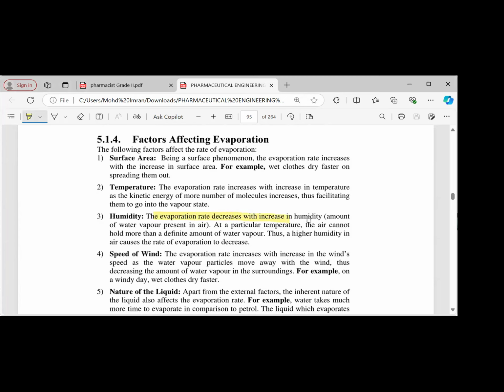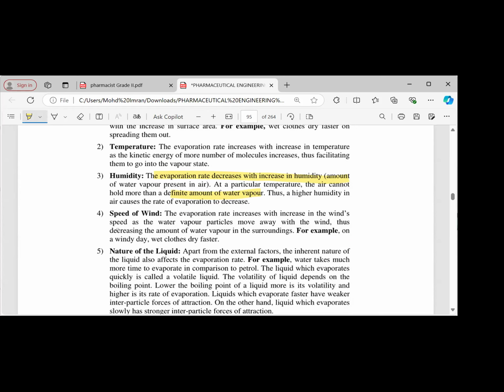Temperature you will remember, surface area you will remember, but humidity also you should remember. Increase in humidity will decrease the rate of evaporation, and at a particular temperature the air cannot hold more than a definite amount of water vapor. This is the reason why more humidity decreases the rate of evaporation. So while evaporating, we need to keep in mind about the humidity also.